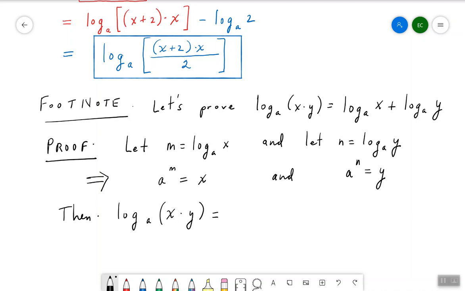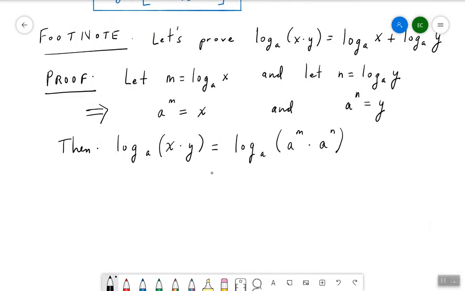We're going to go through a series of steps to get to the right side, and then we'll know we're finished. Okay, so what is x? Well, the way I have defined m means that x is a to the m. And so I can rewrite x as a to the m, and I can rewrite y as a to the n.